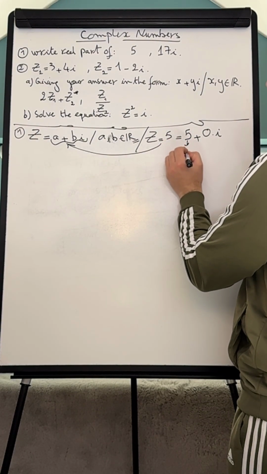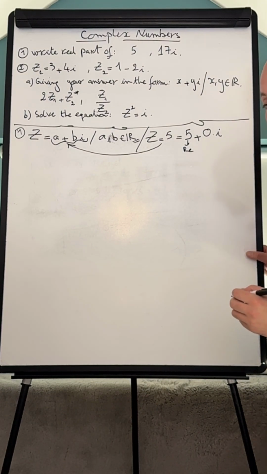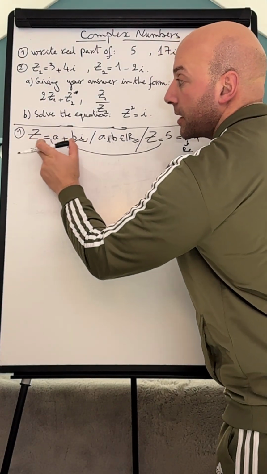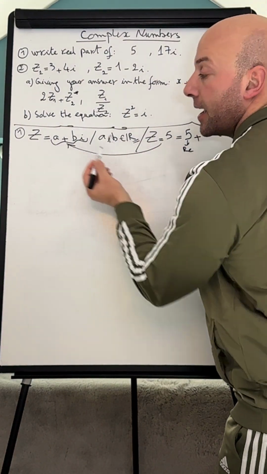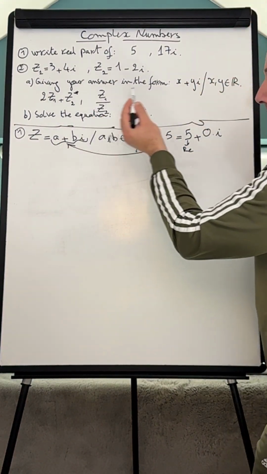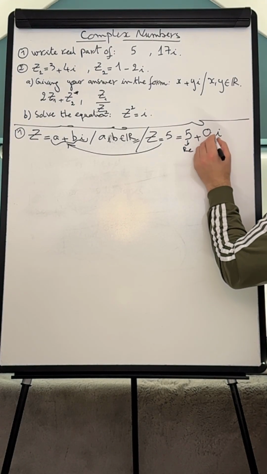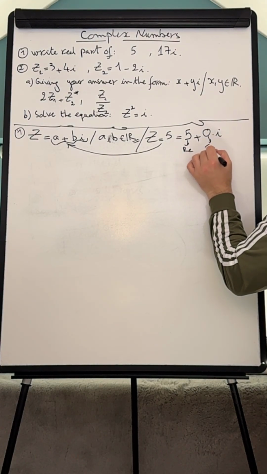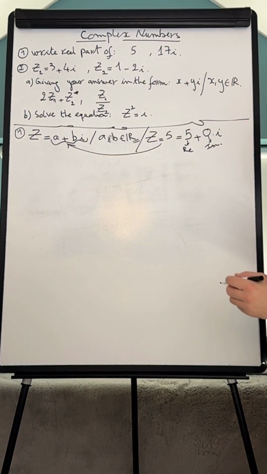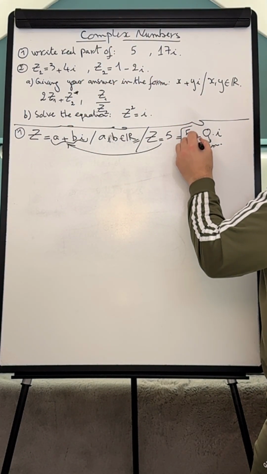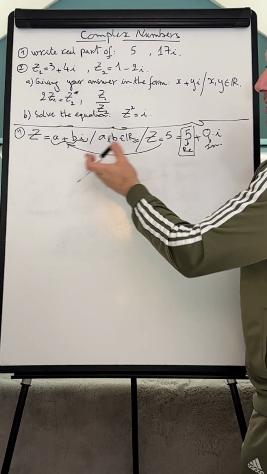And the imaginary part: every single complex number has a real part and an imaginary part. The real part here is a, the imaginary part is b. In our example, the real part is 5 and the imaginary part is 0. We were asked to find the real part, so the real part is 5, as simple as this. You can write your answer.